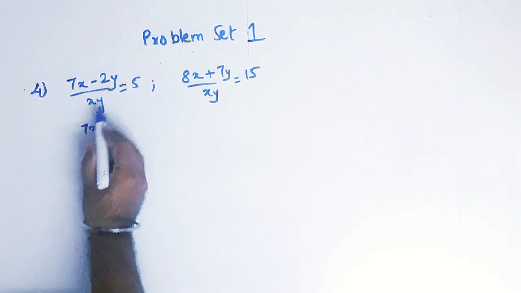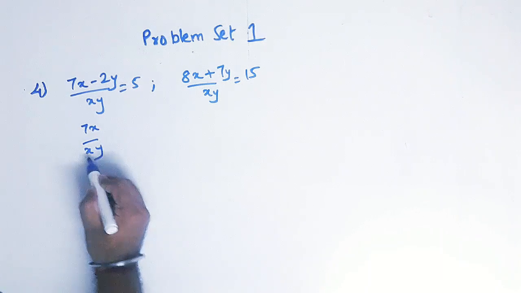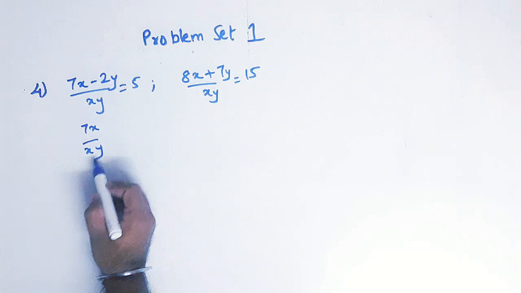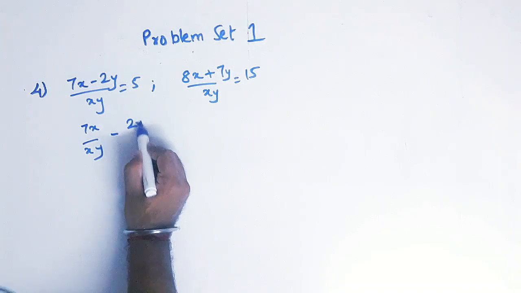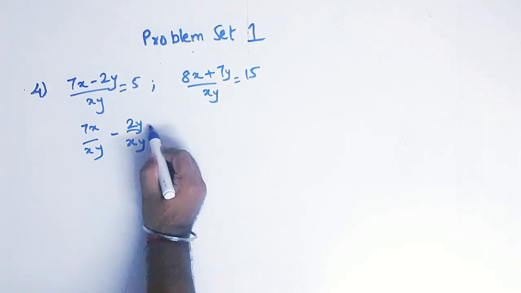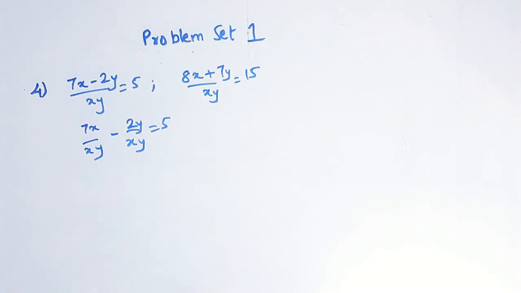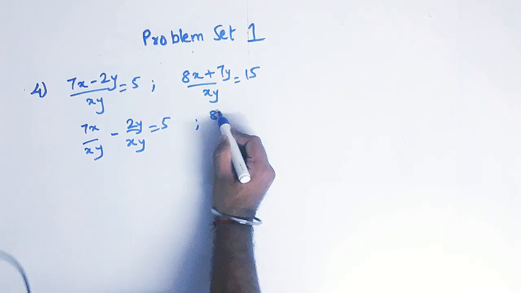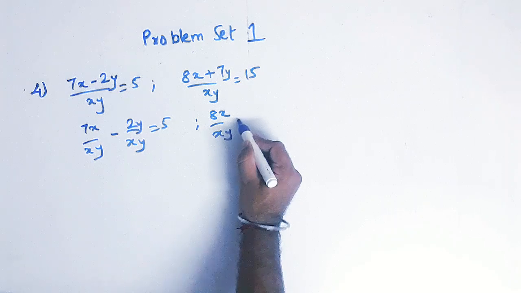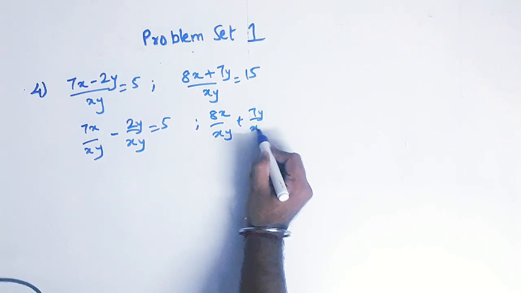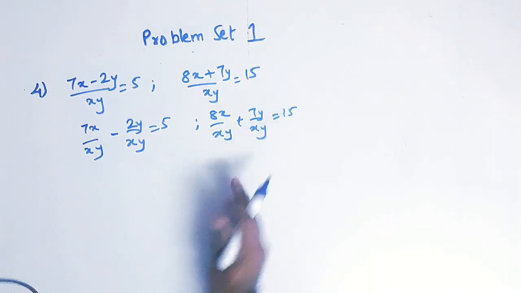Okay, 7x minus 2y by xy means 7x upon xy minus 2y upon xy equals to 5. Similarly here 8x upon xy plus 7y upon xy equals to 15.